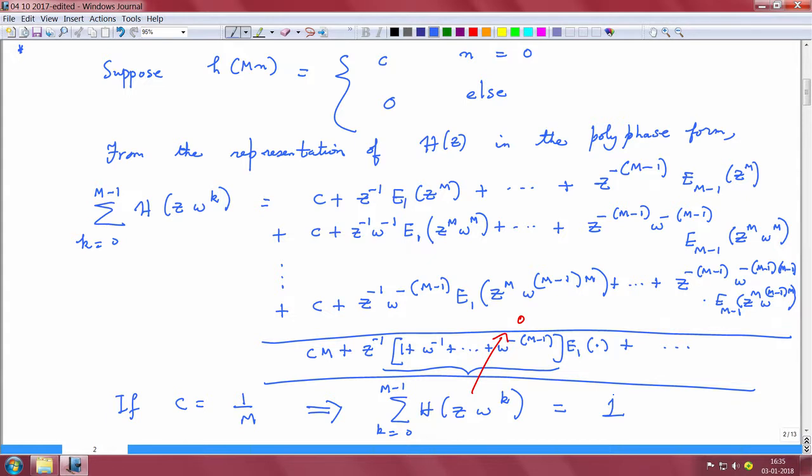So, all integer multiples of the frequency. So, then which means you are basically shifting, you start with the base spectrum of h of z, then you are shifting the spectrum and then you are summing all of them, that is what it means, and that should be flat, that should sum to 1.